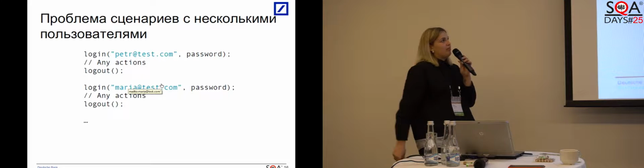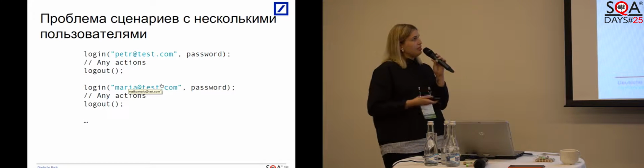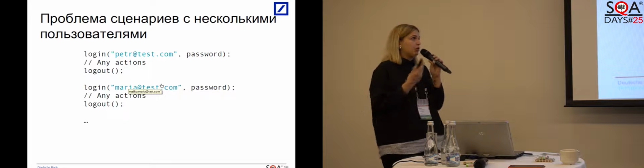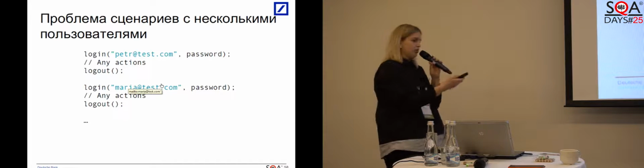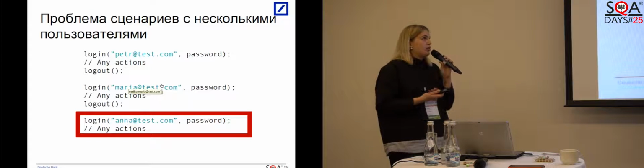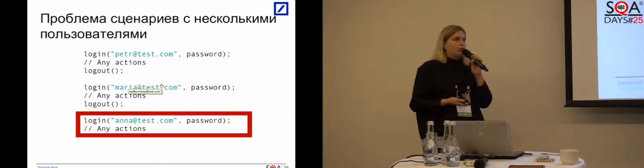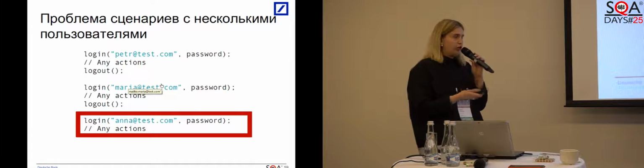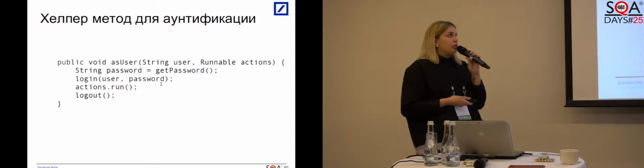The next improvement idea came to us when we were writing this test with a number of testable users. In other words, the test where we use the login and logout methodology. As you can see from the screen, these methods put a lot of extra elements in the code, and at some point it may result in a mistake.